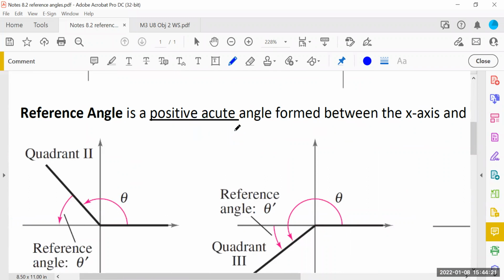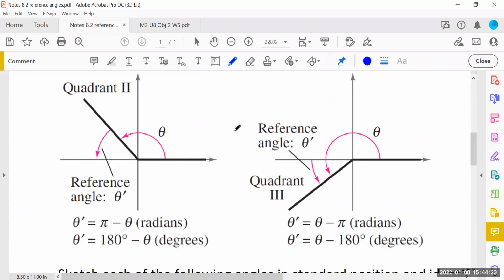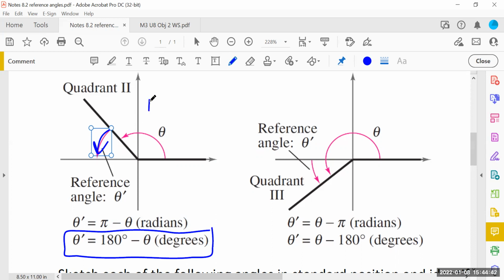So typically, there's a couple of ways that you can find that reference angle. You can use an equation and say, okay, if this is my angle, I'm in quadrant 2, then my reference angle is how far I have to go to get to the x-axis. And if I'm using degrees, that's 180 degrees minus the original angle degree. So let's say this is 120 degrees. 120 takes me here.